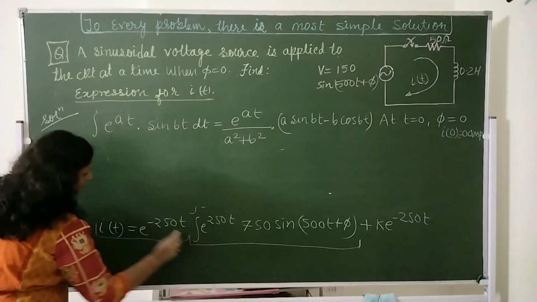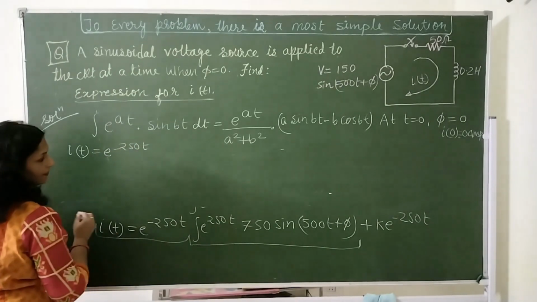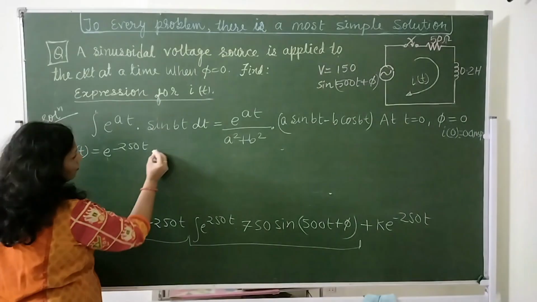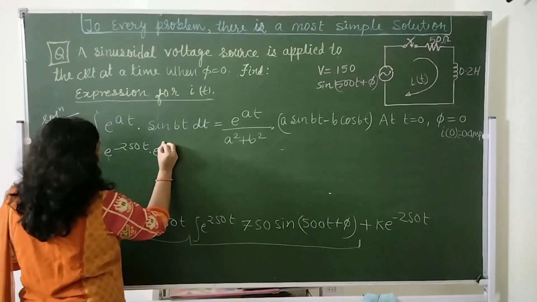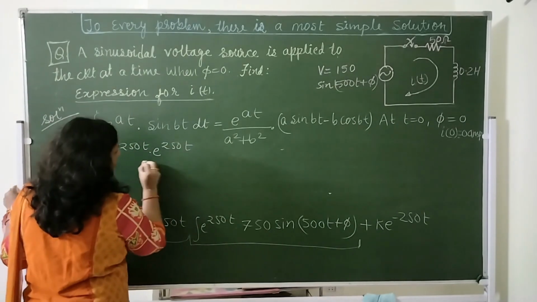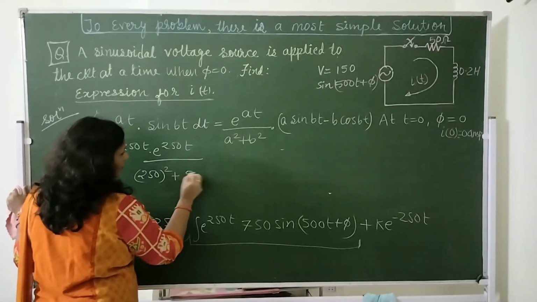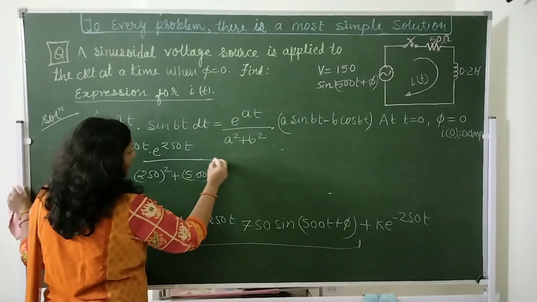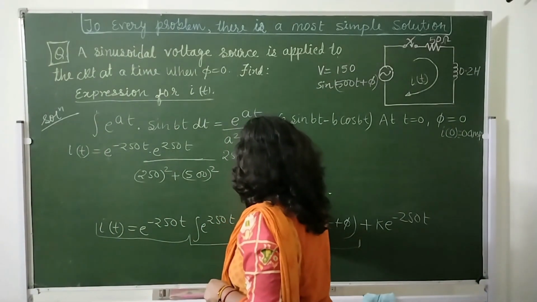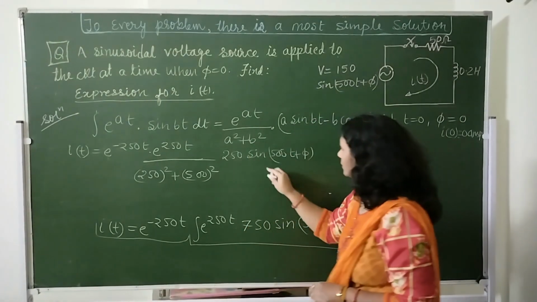Write down this as it is, e to the power minus 250t. Now write down the integration by this formula, e to the power 250t divided by 250 squared plus 500 squared. A is 250 sin(500t plus phi).